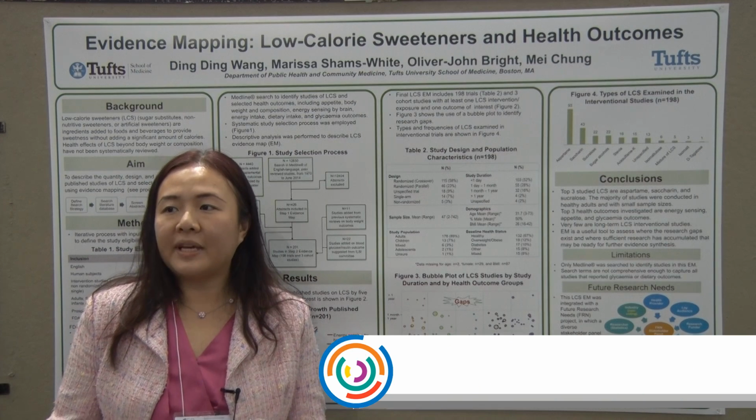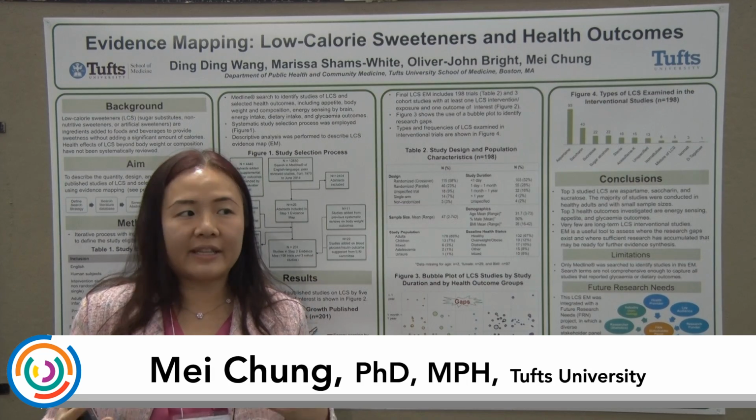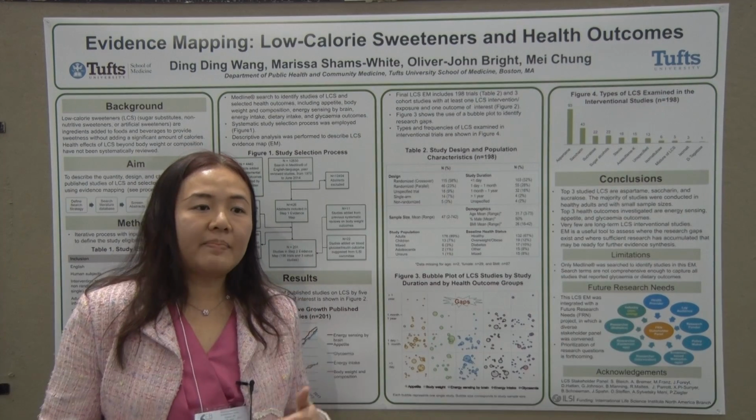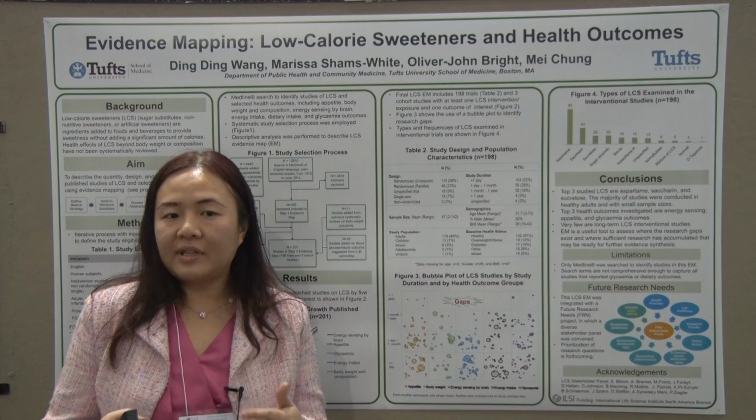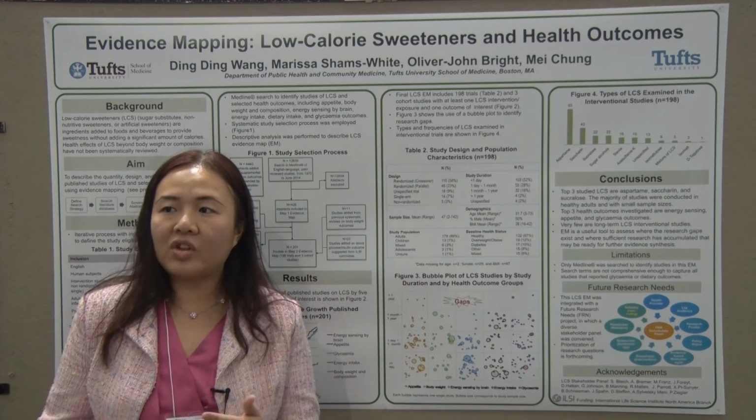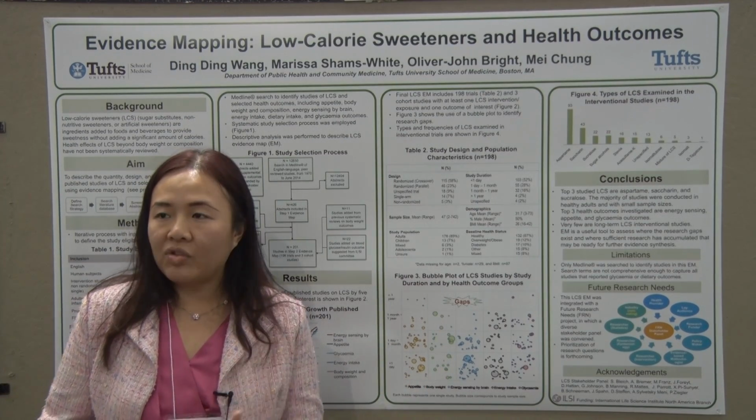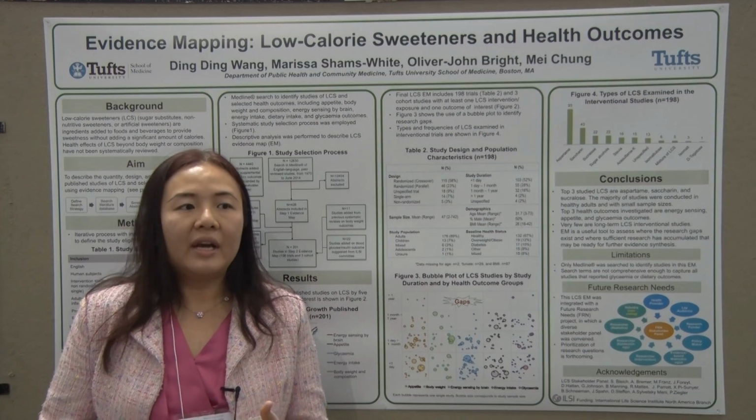Think of evidence mapping as the first step of doing a systematic review. Evidence mapping can cover a wide variety of populations of interest, interventions of interest, and exposures of interest.